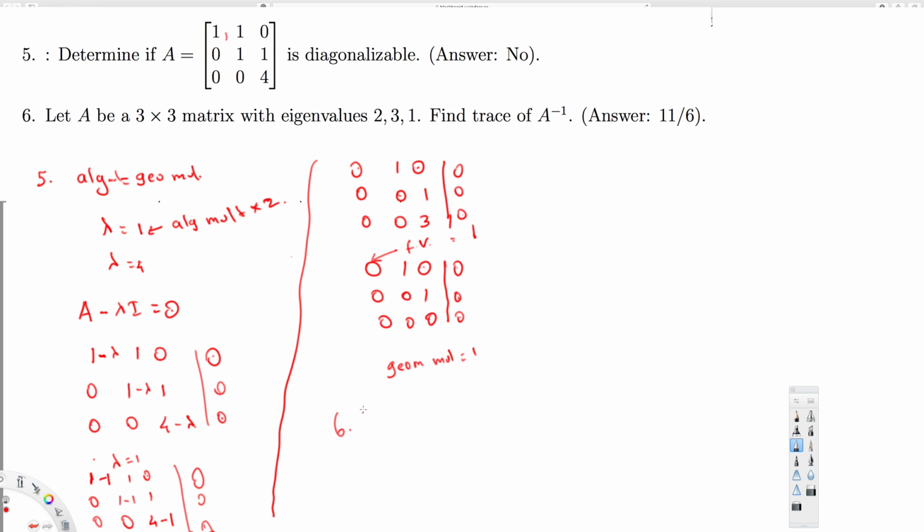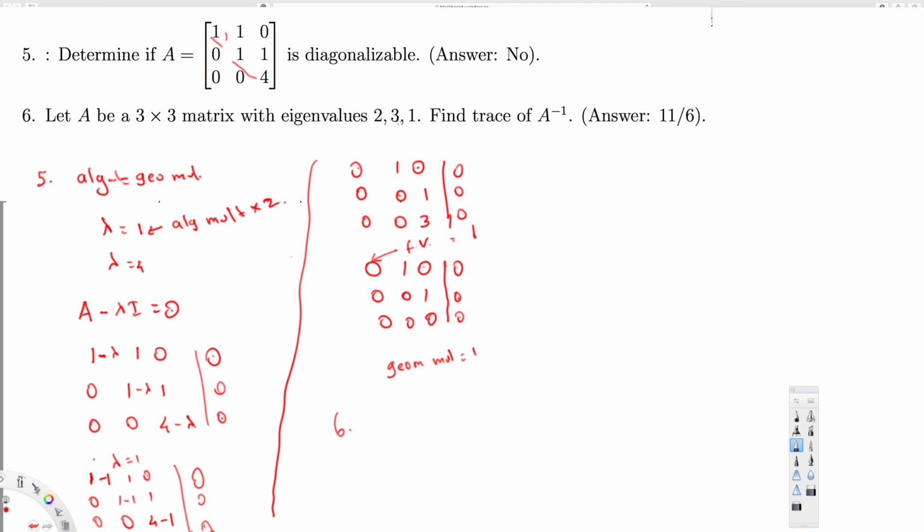The second question is asking, if A is a 3 by 3 matrix with eigenvalues 2, 3, 1, find the trace of A inverse. Trace is basically the addition of the diagonals. If A is given, we can find the trace by simply adding these. So how to find A inverse?